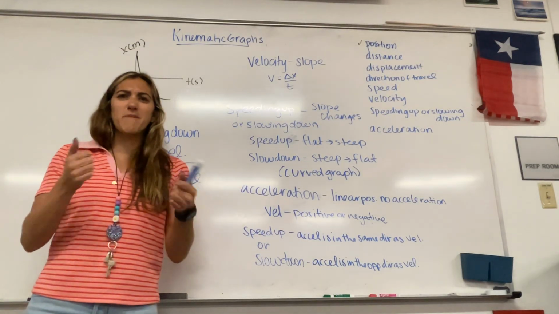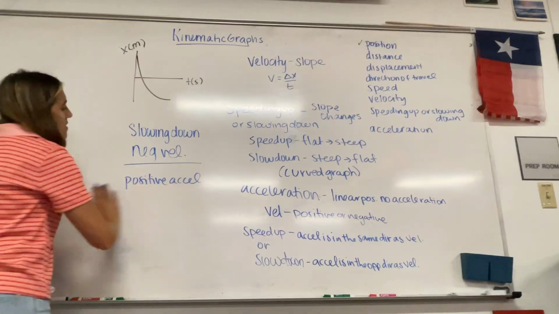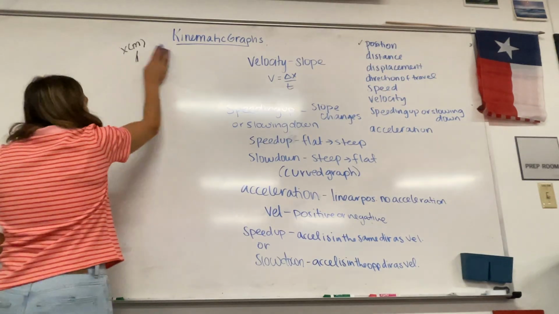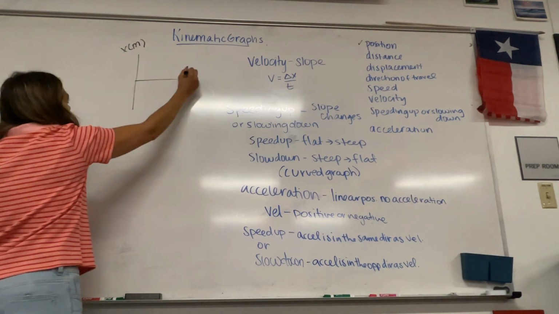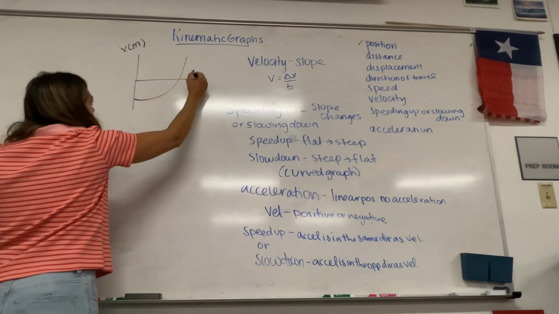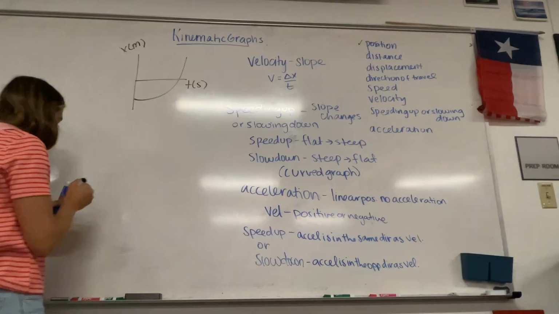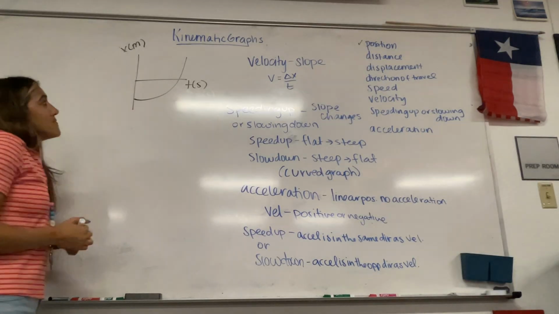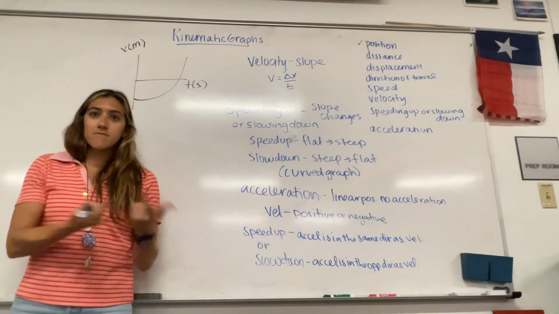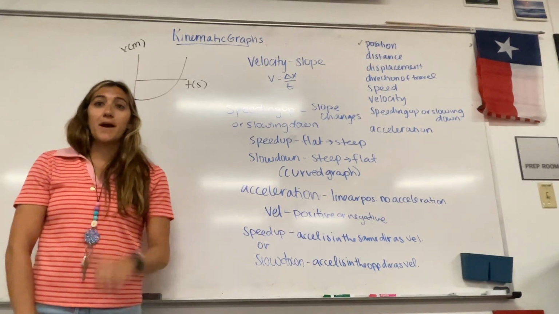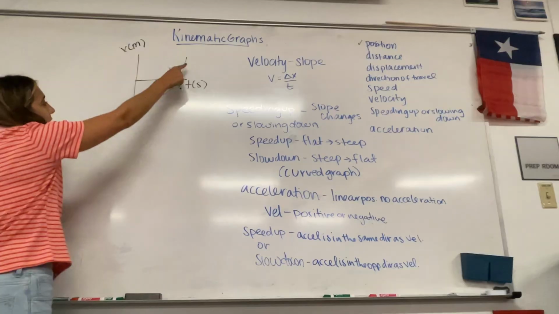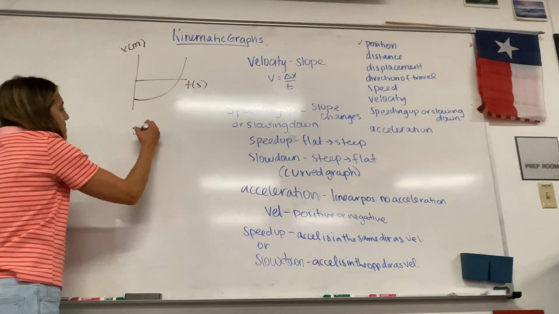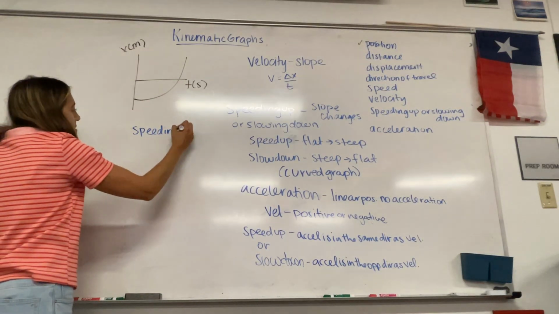Let's do one more example to make sure we've got it. What about this one? Pause the video, see if you can figure it out. Am I speeding up or slowing down? Well, I'm flat to steep, so that must mean I'm speeding up.